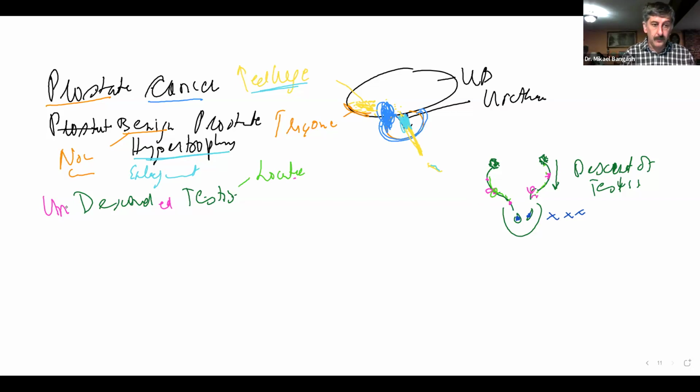Now, mainly there are two problems that undescended testes will cause. First of all, if they are left where they were for a short or longer period, they are going to lose the ability for spermatogenesis in later life.